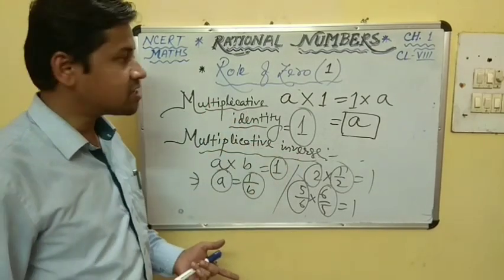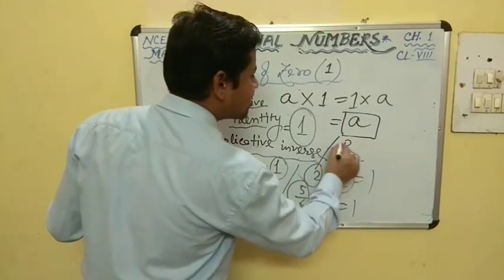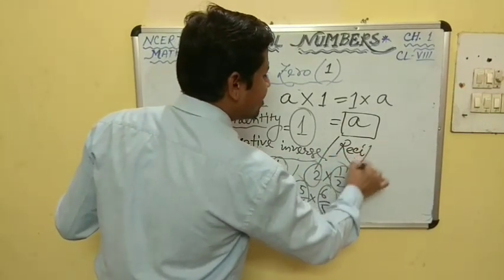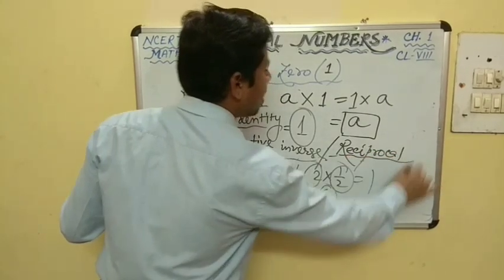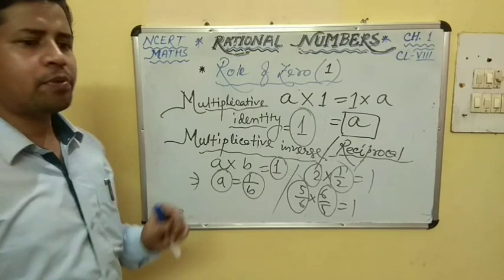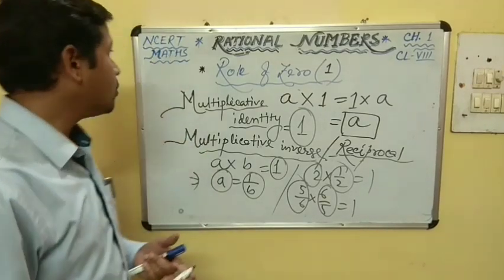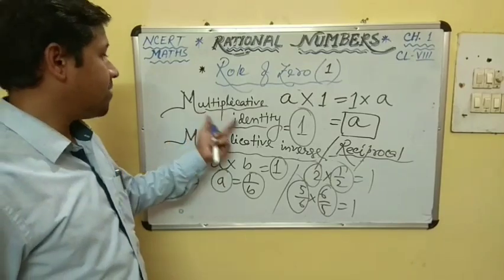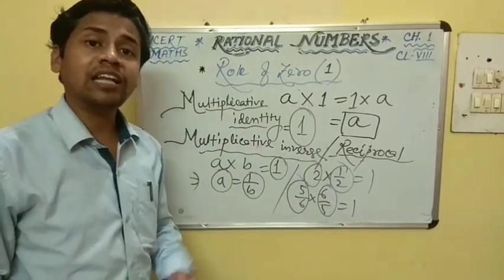We have cleared this, and here the multiplicative inverse is also called the reciprocal. Reciprocal of the numbers. I think it is clear to you what we mean by multiplicative identity, multiplicative inverse, additive identity, additive inverse, and the reciprocal.